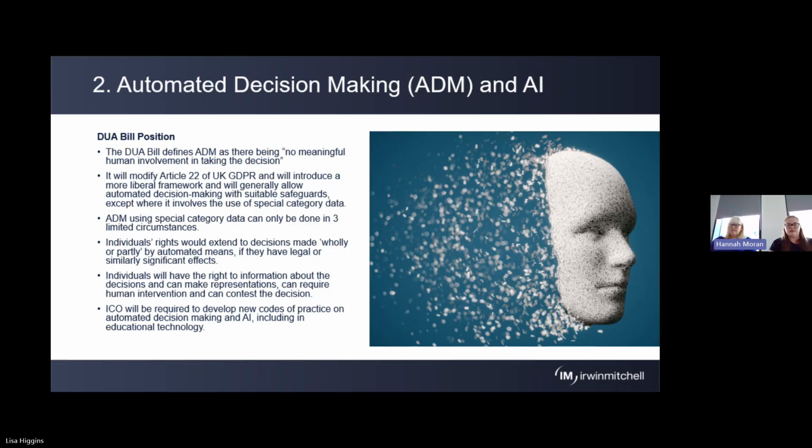And those circumstances are very, very similar to what it was in relation to ordinary personal data. So explicit consent, necessary for the contract, and permitted by law. So it does certainly open things up, because I suspect that a lot of the decisions that people want to use automated decision making for don't relate to special category data.